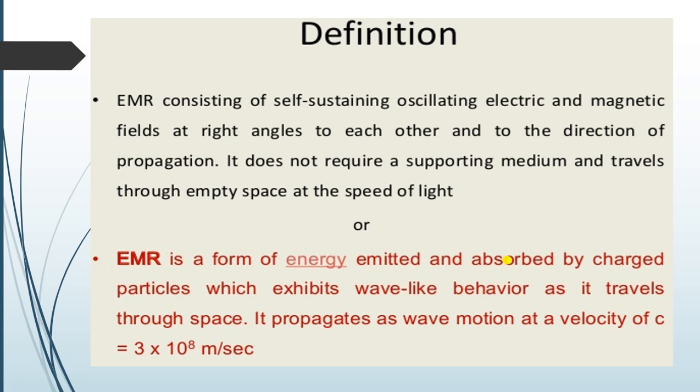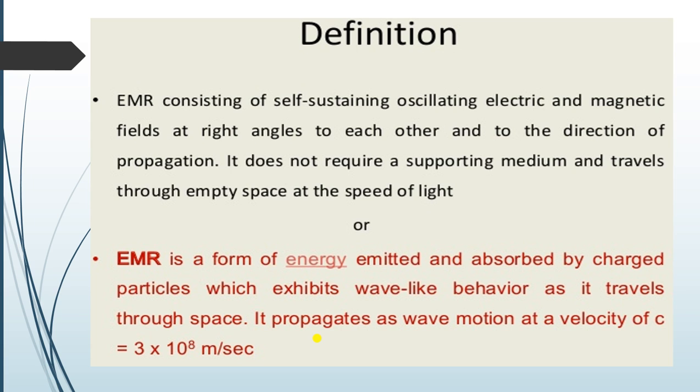Light travels through vacuum, air, and empty space at the speed of light. What is the speed of light? c is equal to 3 into 10 raised to 8 meter per second, as we discussed earlier. EMR is a form of energy.